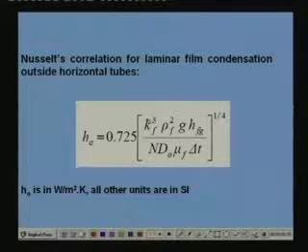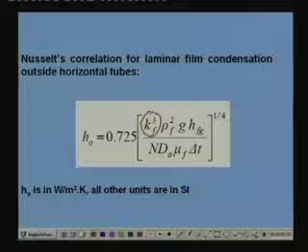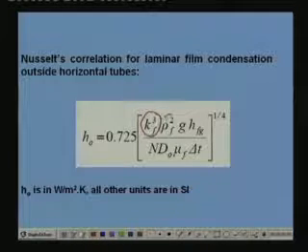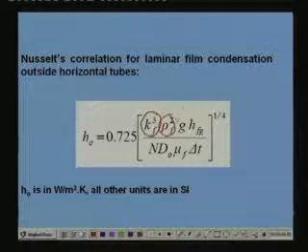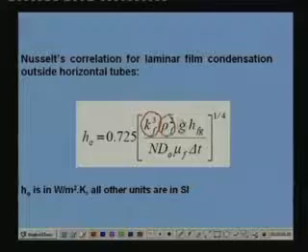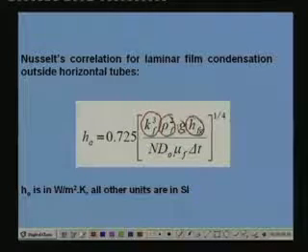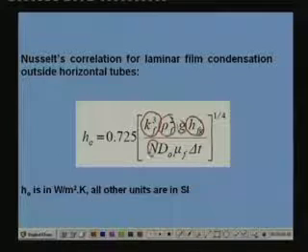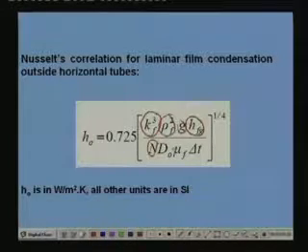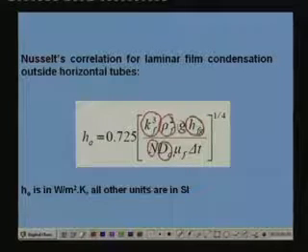Here, as you know, this is the thermal conductivity of saturated refrigerant. This is the density of saturated refrigerant at condenser temperature, and this is acceleration due to gravity. This is the latent heat of vaporization at that temperature and pressure. N is the total number of tubes in a row, and D naught is the outer diameter of the tube on which condensation is taking place.